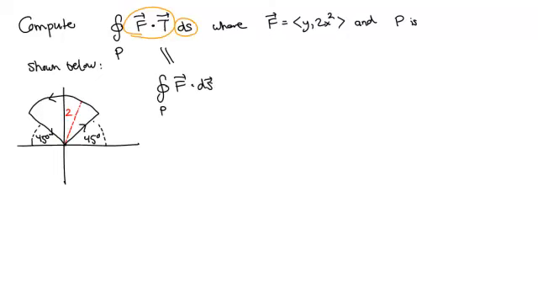If I wanted to treat it as a vector line integral, I would need to parameterize this pie-shaped sector right here. Well, just like last time, I can do each of the 3 pieces individually, and so I could break this down into 3 separate sections. But I don't want to do that. Partly because I'm lazy, but mostly because the region inside that contour is so nicely described by polar coordinates.